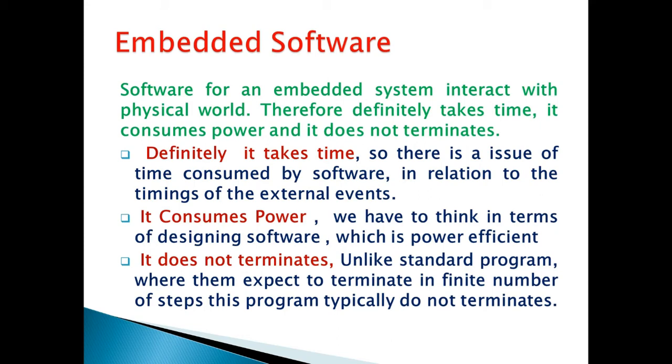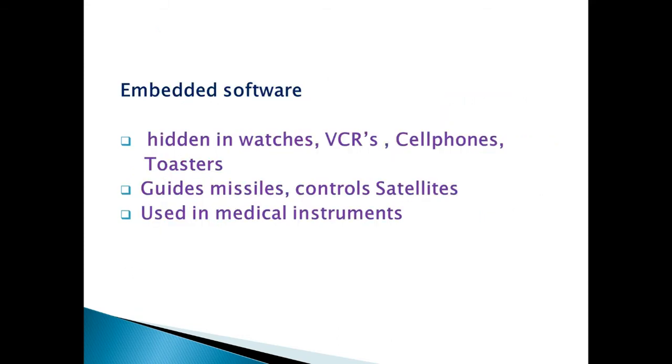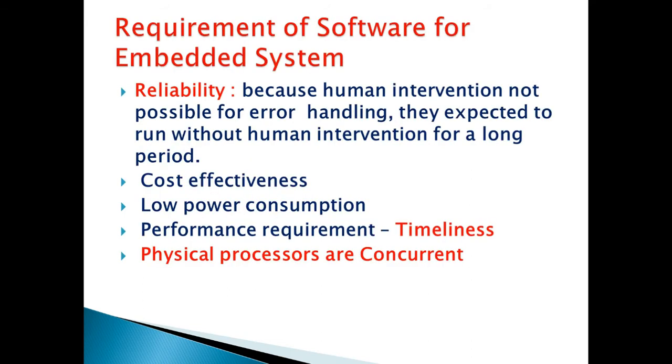These are the three points of the software. Embedded software is hidden in watches, VCRs, cell phones, toasters, guided missiles, control satellites, and used in medical instruments. All are software which are hidden. What are the requirements of software for embedded systems?